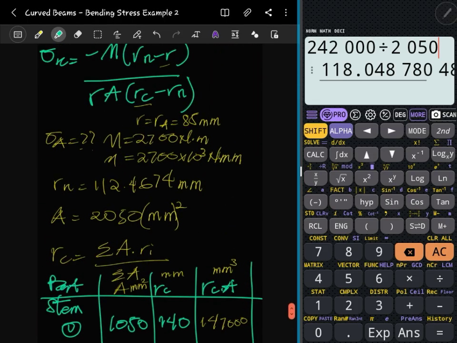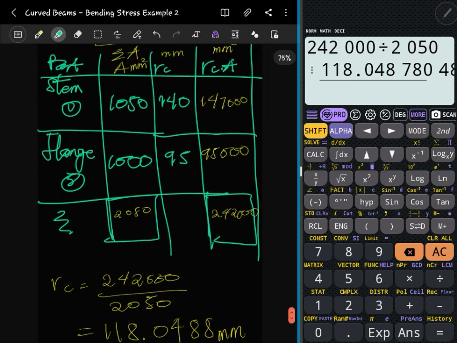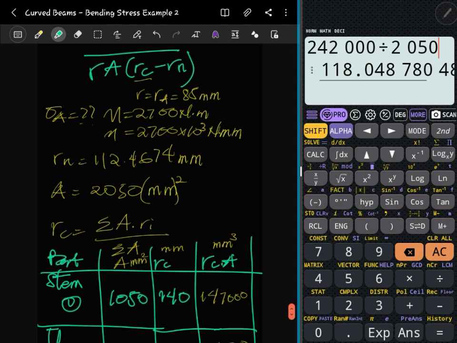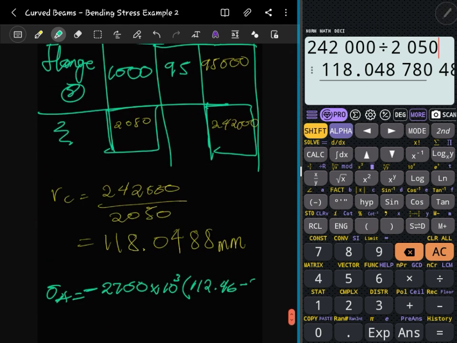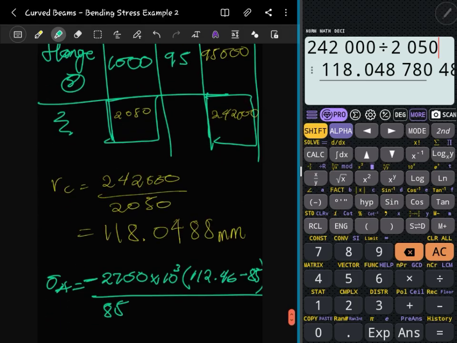Then our R, for the bending stress at A, is 85, and you have 85 times the area, which we know to be 2050, and then RC, which we found to be 118.05, and then Rn is 112.46 something.